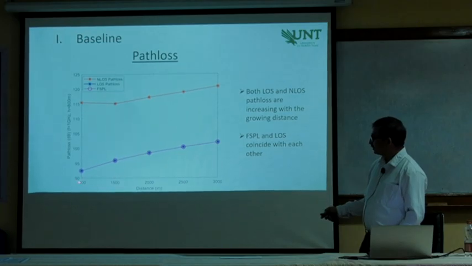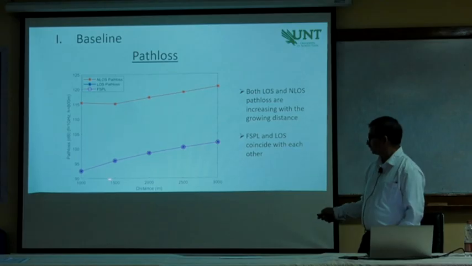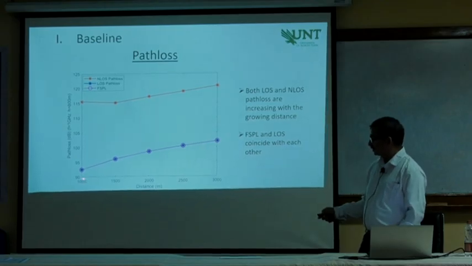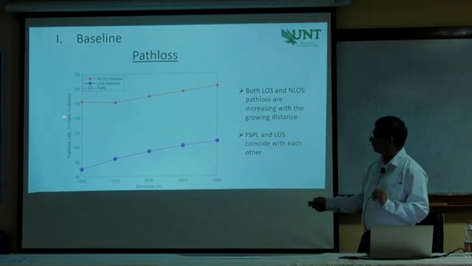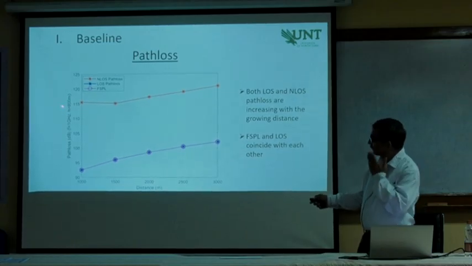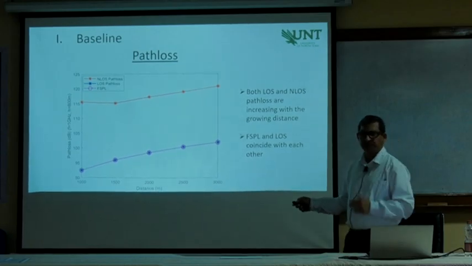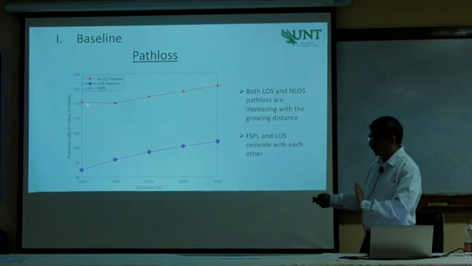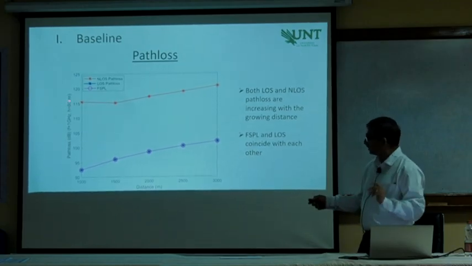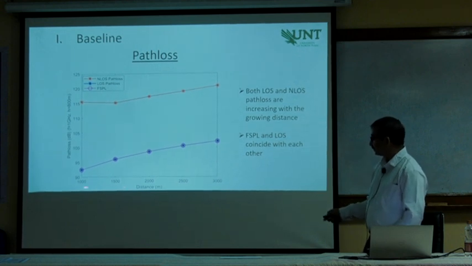So what happened here? She actually did a bunch of experiments. If the transmitter and receiver are the same height, 800 meters. Basically, height is constant. This height is constant, but then distance between transmitter and receiver is varying from 1 kilometer to 3 kilometers.